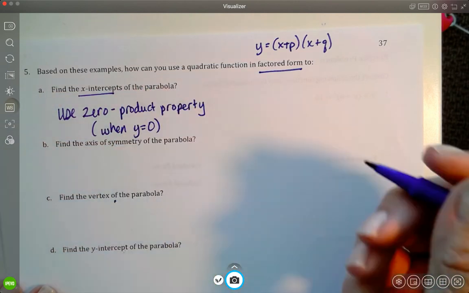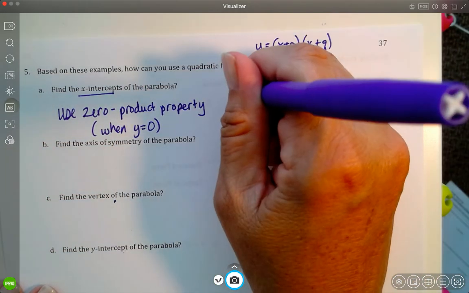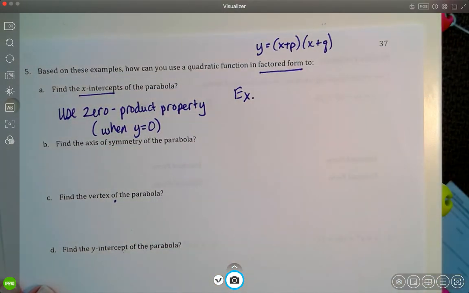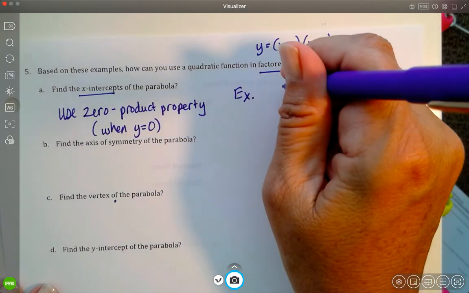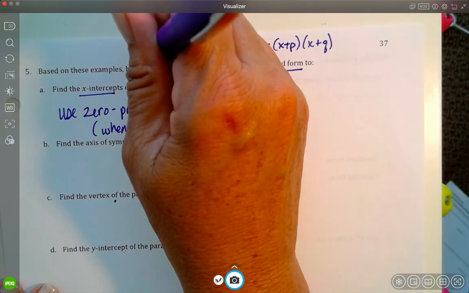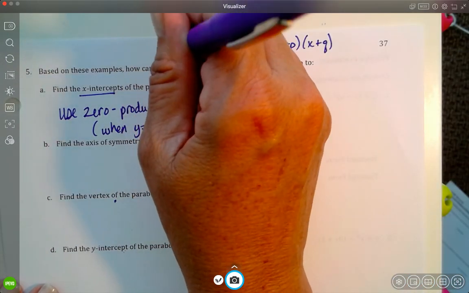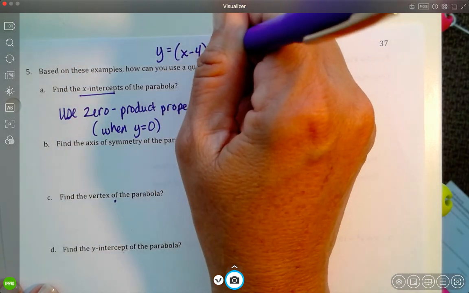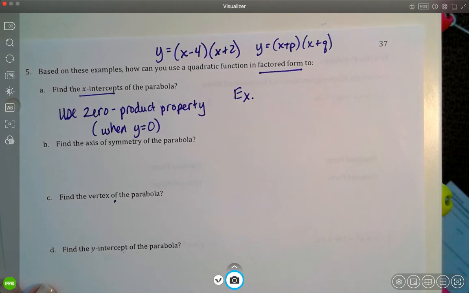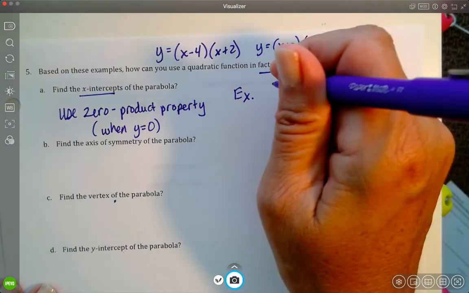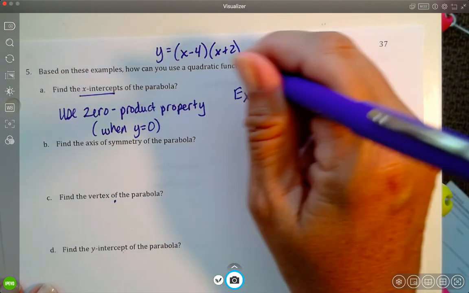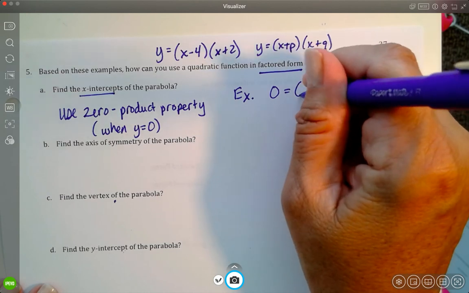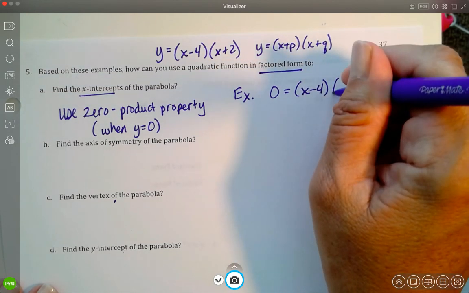So we're just going to use this example throughout all these questions. Let's say we have this factored form of a quadratic. I'm going to make my y into 0. 0 equals x minus 4 times x plus 2.